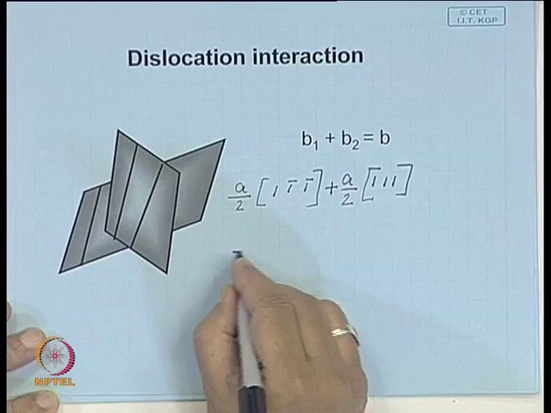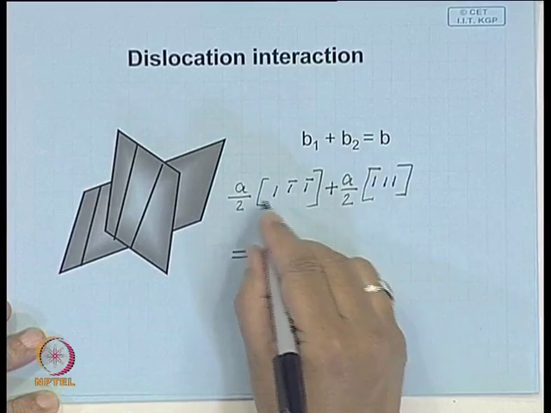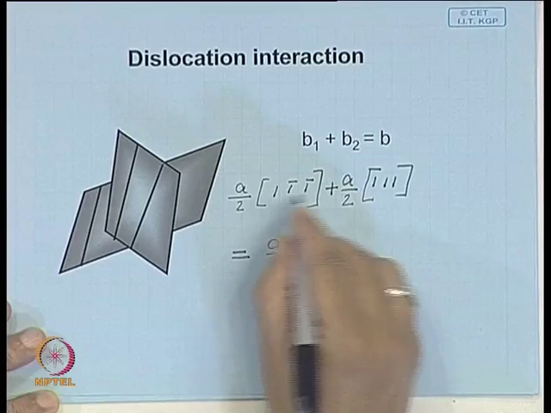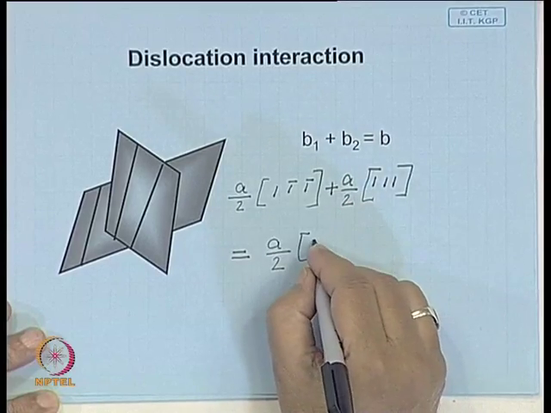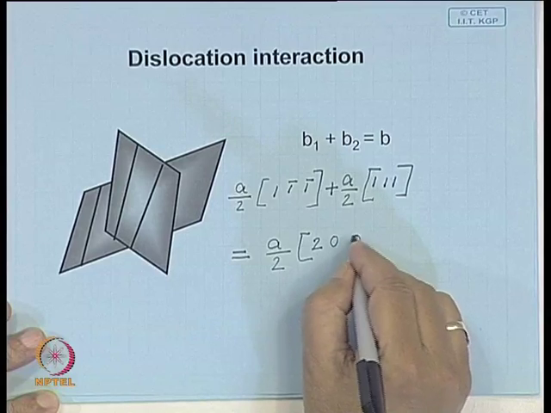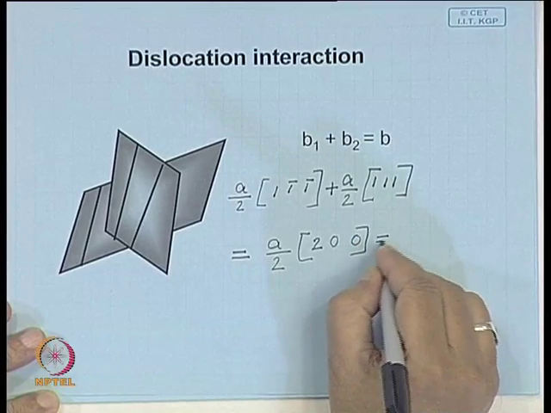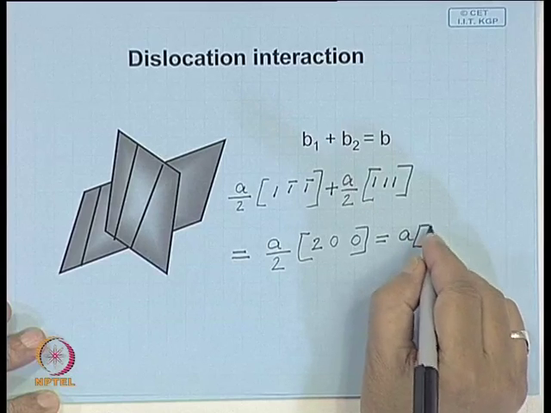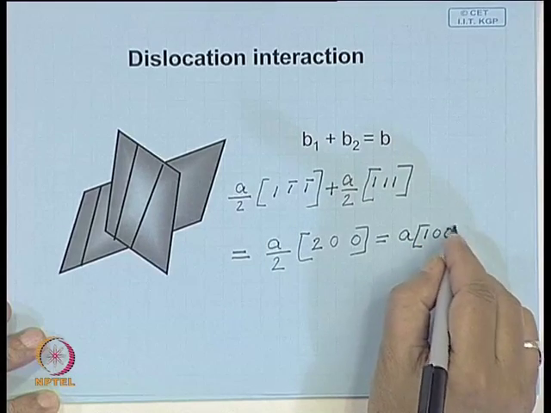Now, if you add these up, a/2 times 2, and this is 0, this is 0. So, basically what you get is a[1 0 0].